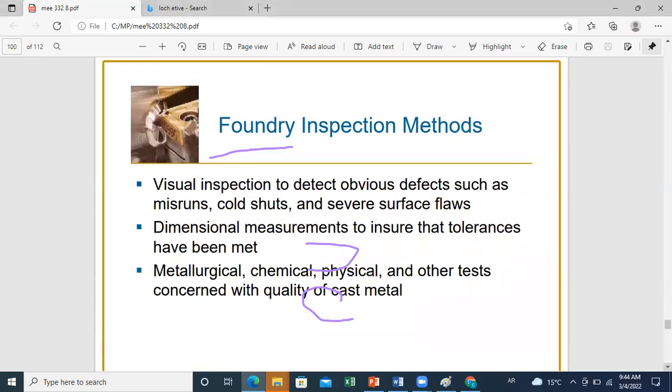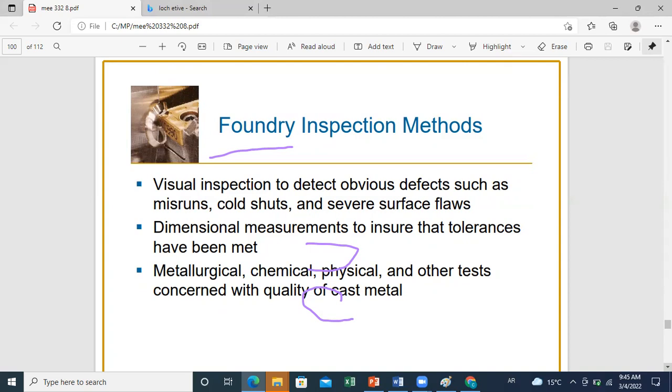Now, what about inspection methods? We said that at the end of the casting process, we should perform some inspection in order to detect some possible deficiency in the cast process. One possible inspection is just visual inspection to detect some obvious defects such as misruns, cold shots, and severe surface flaws.